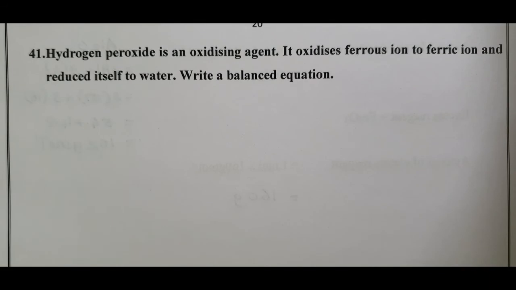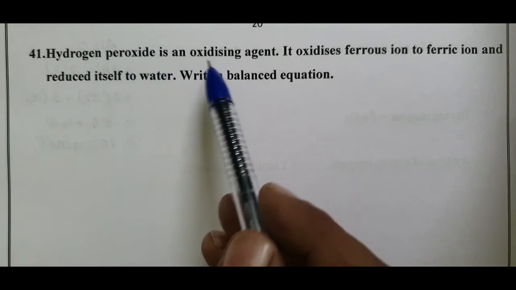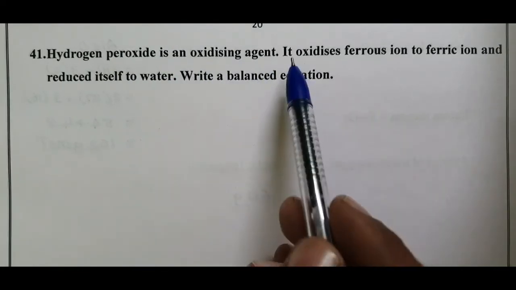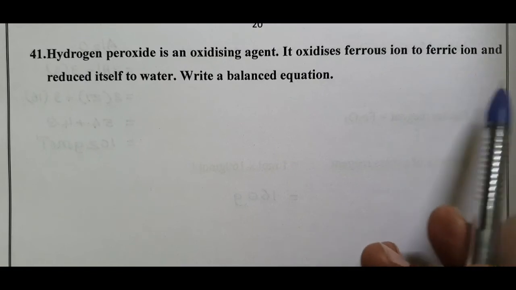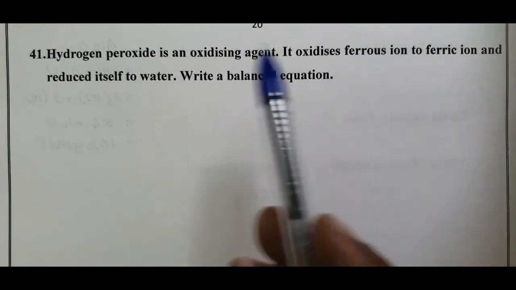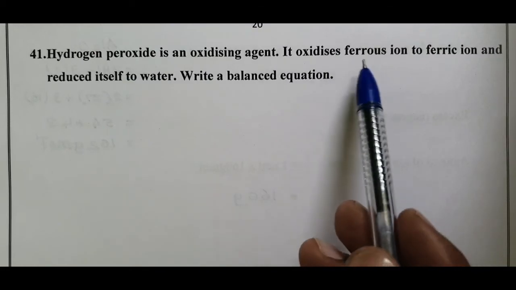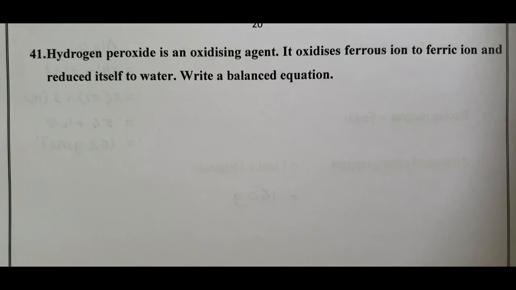Come to question number 41. Hydrogen peroxide H2O2 is an oxidizing agent. It oxidizes ferrous ion to ferric ion and reduces itself to water. So, hydrogen peroxide undergoes reduction, Fe2 plus undergoes oxidation. Write a balanced equation.